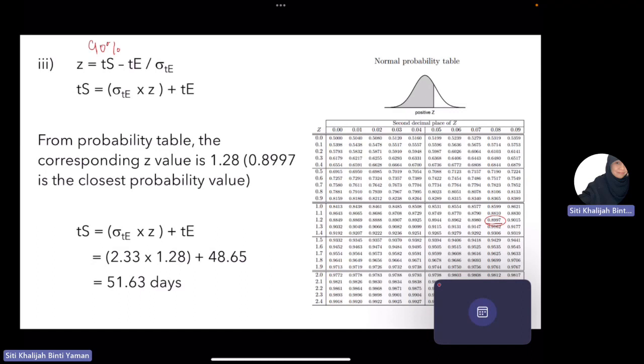So then the value of TS can be found by substituting the known value of TE and Z in this formula. So 2.33 times 1.28 plus 48.65, which is equal to 51.63 days.